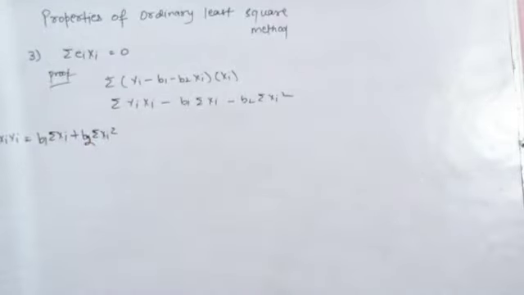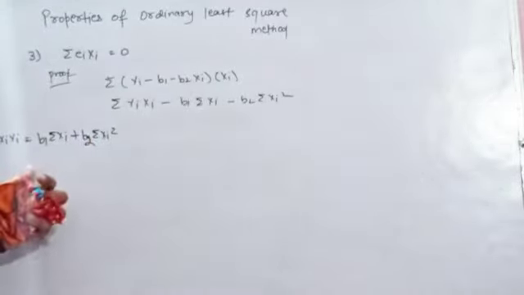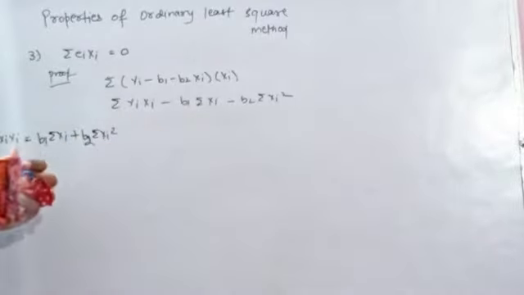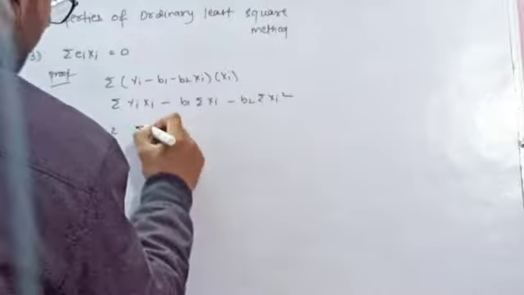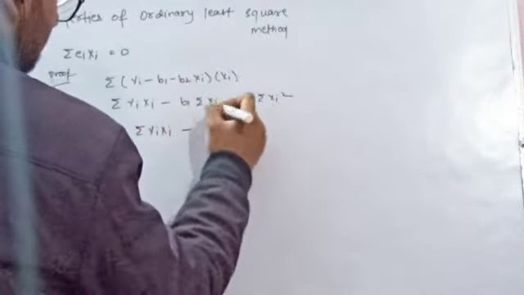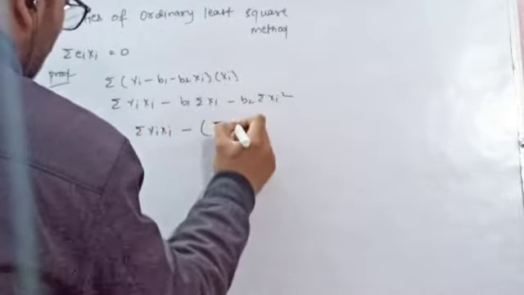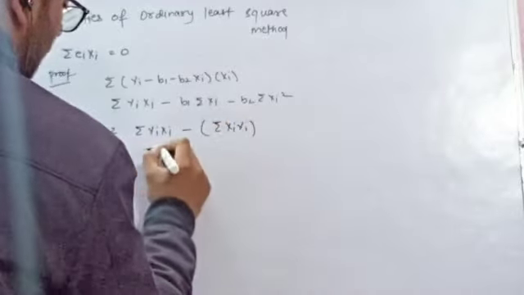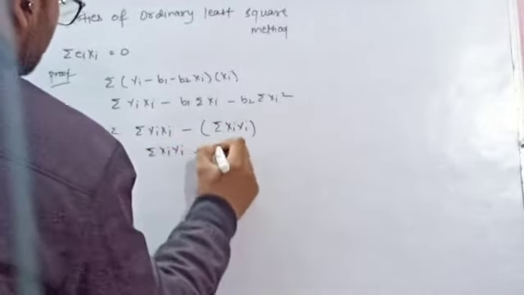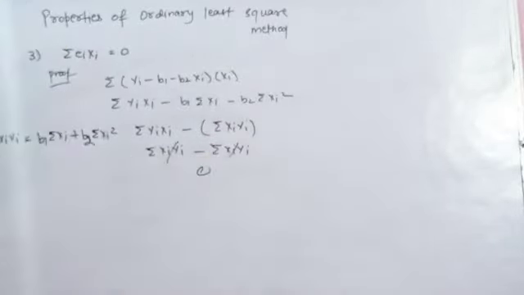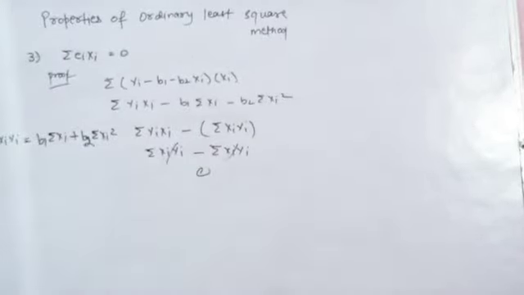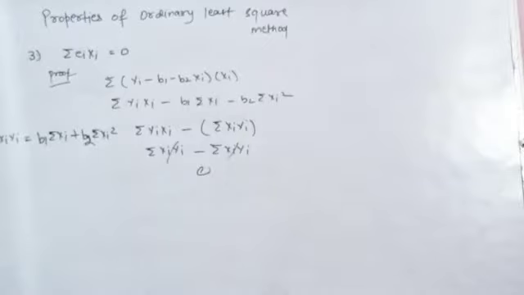So from that normal equation, summation yi xi minus summation xi yi, which comes to 0. Now note, please write down this proof.